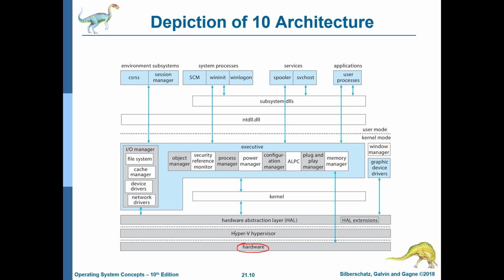So the depiction of the Windows 10 architecture would look something like this, the hardware being the lowest level, and then we'll have a hypervisor. The hypervisor is a layer above it if Windows is being used as a hypervisor. This would mostly be a type 2 hypervisor. But of course, the way this is positioned, in this case it is acting as a type 1 hypervisor because the hardware abstraction layer is on top of it.